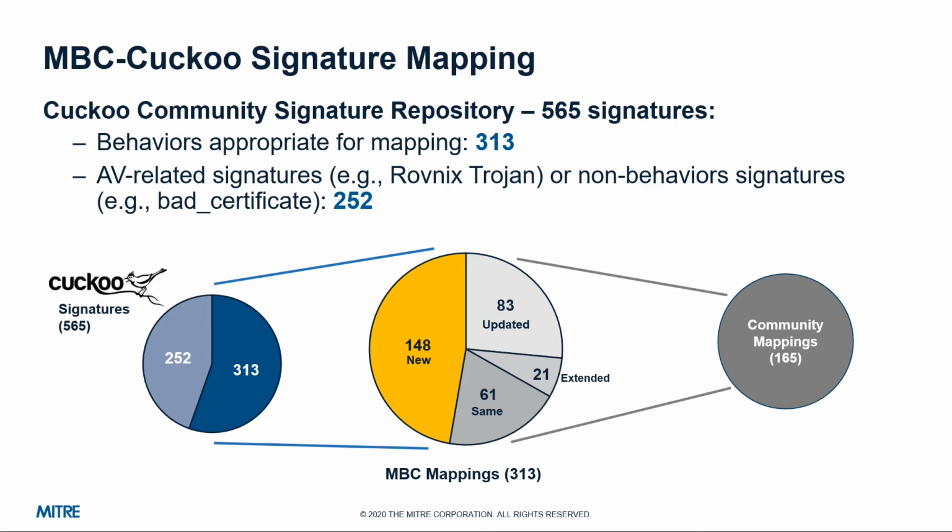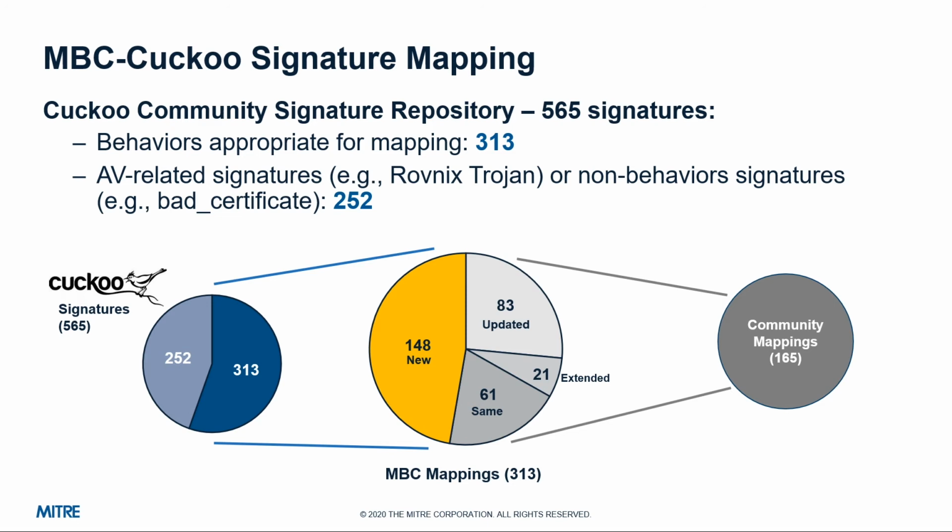I'll be using Cuckoo Sandbox for the signature mapping example. Cuckoo Sandbox has a community repository of 565 signatures. Of those, 313 are behaviors that are appropriate for mapping to MBC or attack. The others are AV related or not behavior related. Then 165 signatures were already mapped to attack version 6.